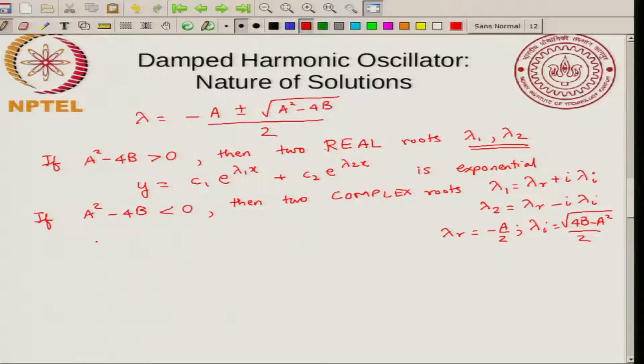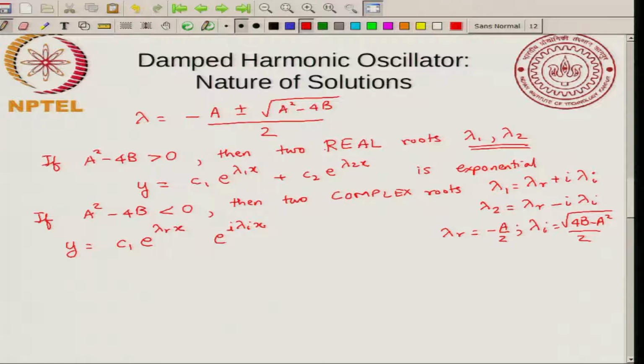Then I can write my y as C1 e to the, now lambda 1 will have a lambda real plus I lambda imaginary. So I take lambda real times x, and then I have e to the I lambda I times x.